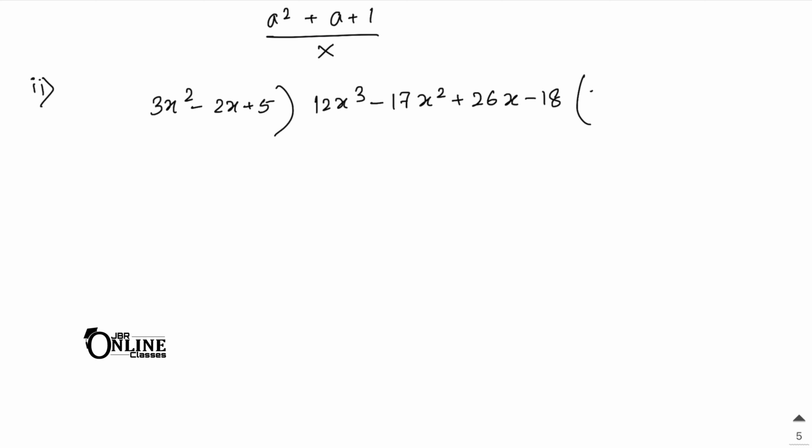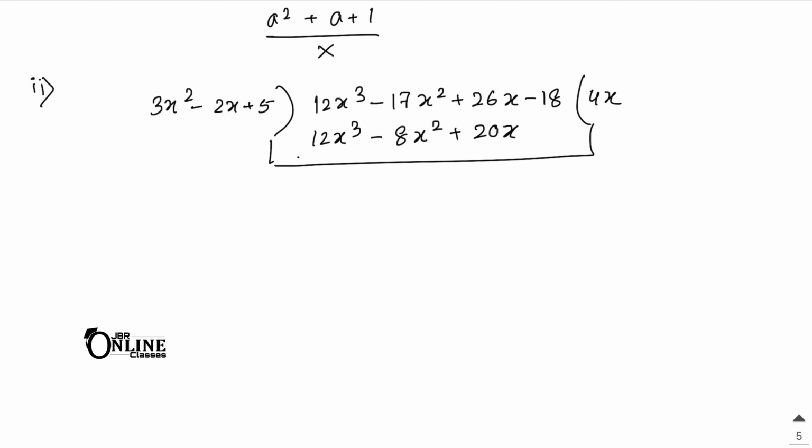If you multiply this one with 4x, then it will be 12x cube. The next one here, 4 into 2, it's 8x square, and after that 20x. Now subtract, plus minus, cancel out. Here it will be minus 9x square, then plus 6x minus 18.